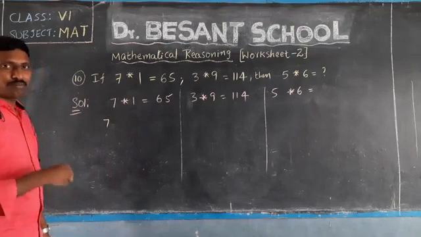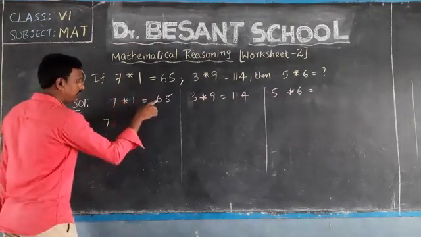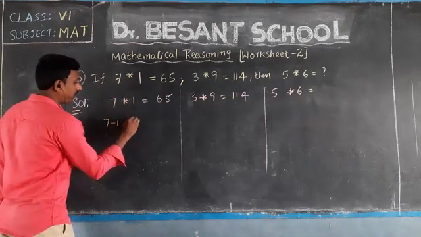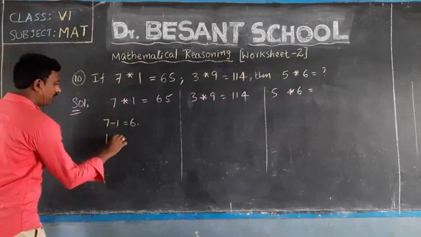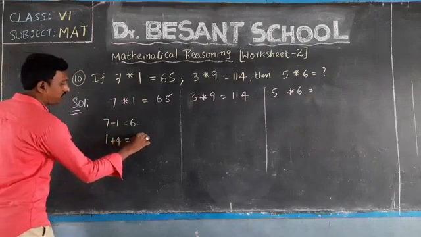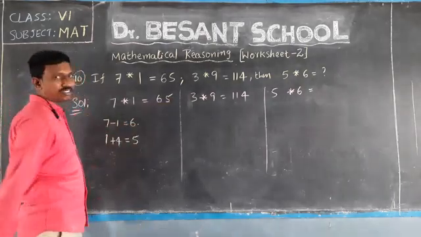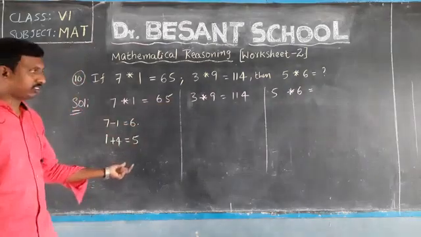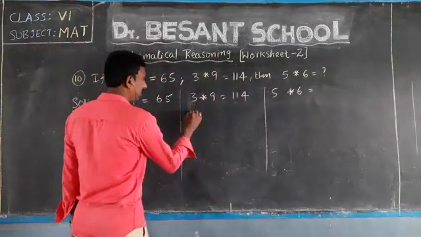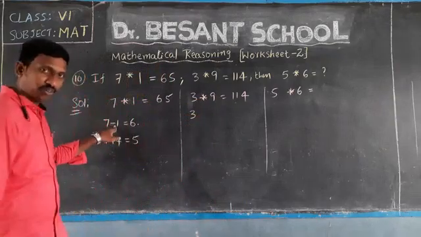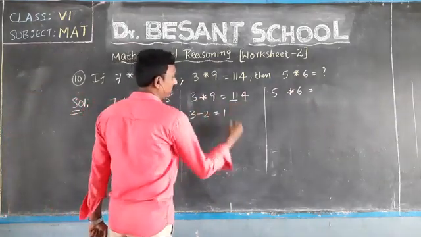So, what I have observed in this: 7 minus 1 equal to 6. Next 1 is there. For 1 I have been adding 4. 1 plus 4 equal to 5. So the 6 and 5 are the 2 digits of the given number. This is my logic. Let's check out if it is valid for this or not. Now what is this? 3. Here I have subtracted 1. So here subtract 2. 3 minus 2 how much? 1. You can check this.